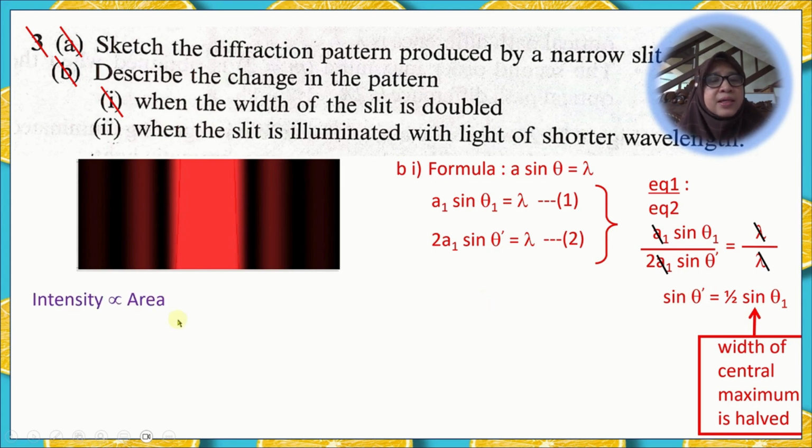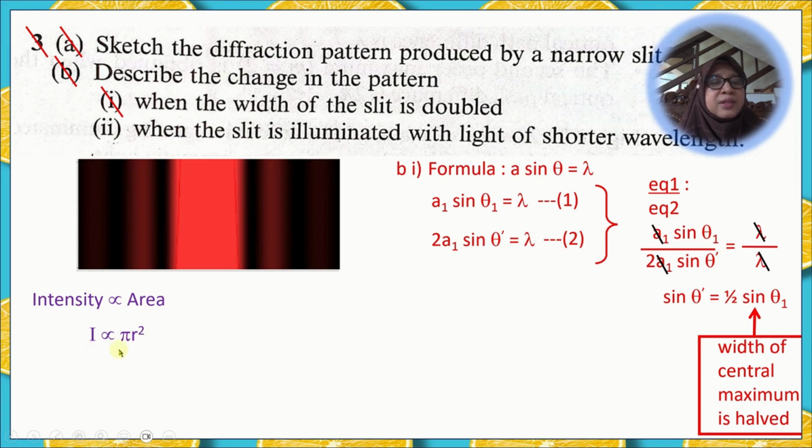Okay, next we look at the intensity of the light on the screen. So intensity depends on the area, directly proportional to area. So if the light passes through the slit, we assume the slit as a circle area, so pi r squared.